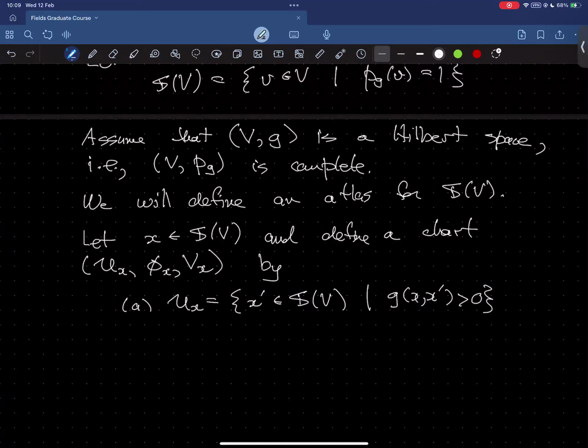I'll draw some pictures here in a second, but let me write it down first. V_X is going to be, it has to be, a locally convex space.